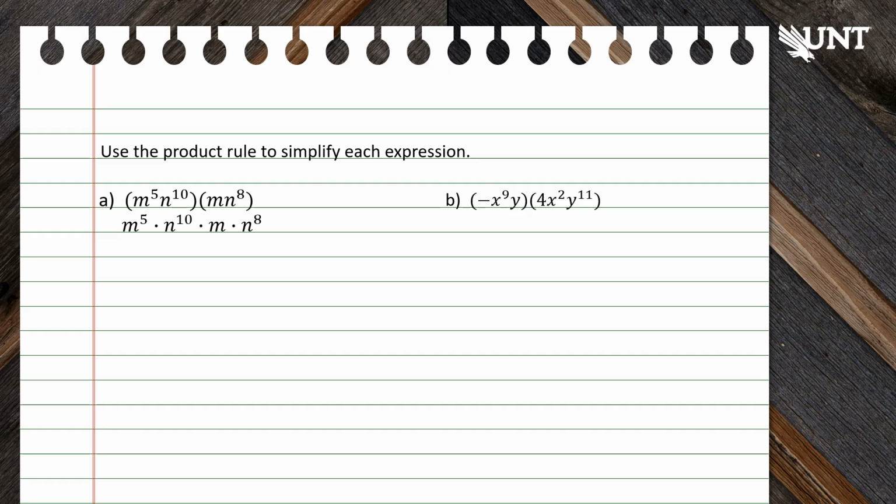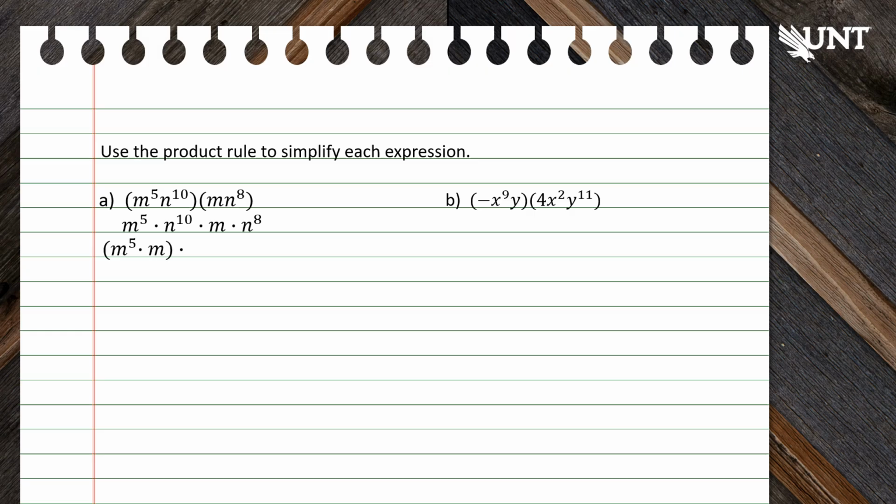Since it is all multiplication, we can use the commutative property to rearrange these. And what we're going to do is group, organize, or categorize these individual factors. What we notice is in this problem, we are dealing with m's and n's. So we are going to use parentheses to help us group them. Alphabetically, m comes first.